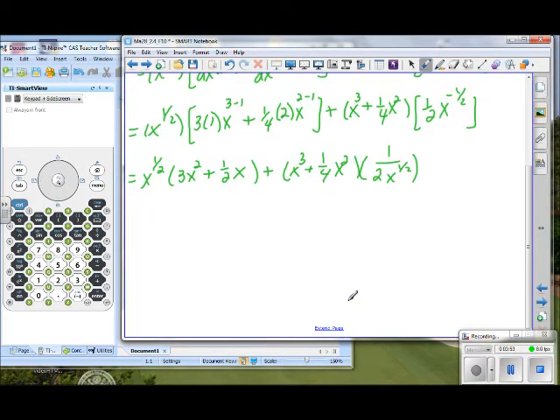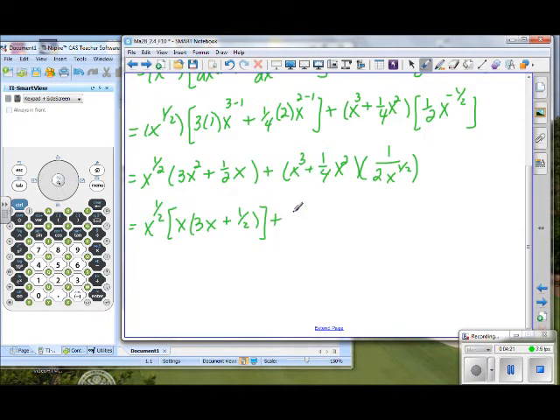Now if there is anything else we can do with this, we'll take a look and see. There does seem to be an x in each one of these. We might be able to successfully factor out an x. So we could have, let's say, x to the 1/2, and then we'll factor out an x from this portion. So we have 3x plus 1/2.